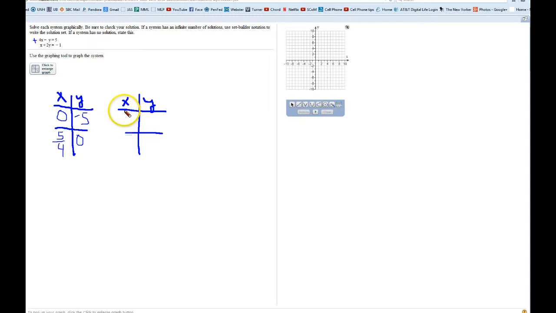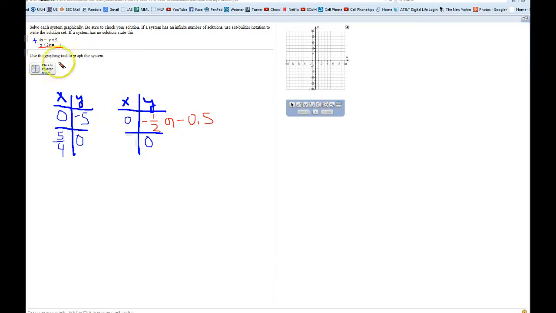And for this one, if this is 0 and this is 0, in fact, let's change colors, and this will be this equation here. Now, if x is 0, y is going to be a negative 1/2, or a negative 0.5, if that's easier for you to work with.